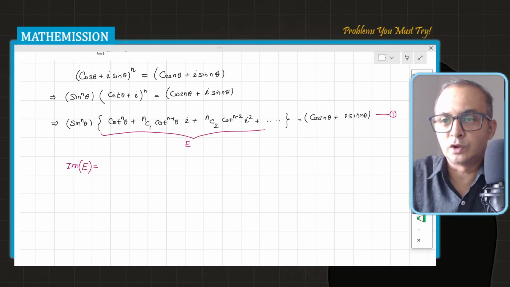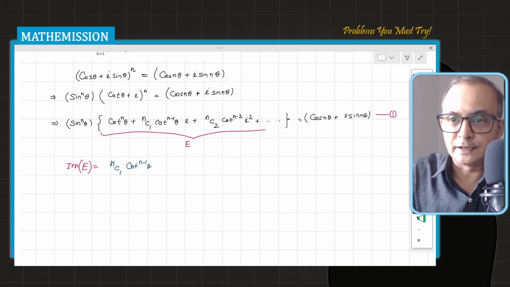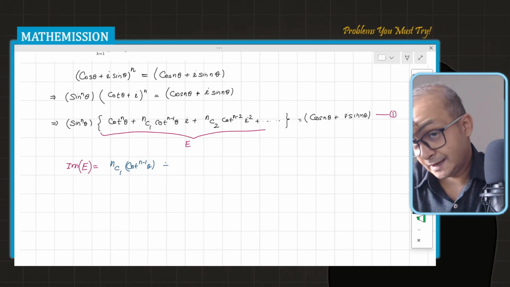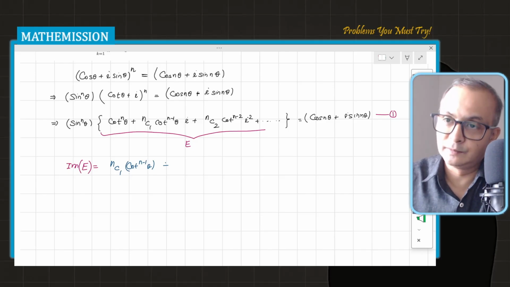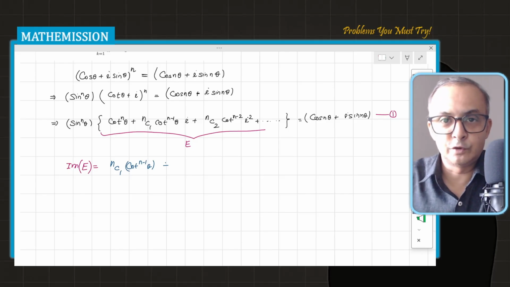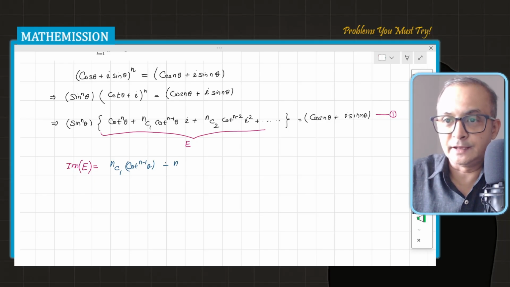We just take all the terms containing i. The first term will have nC1 cot to the power n minus 1 theta. Then the second term comes when the power of i is 3, because i cube gives negative i, and that we get with nC3 and cot to the power n minus 3.